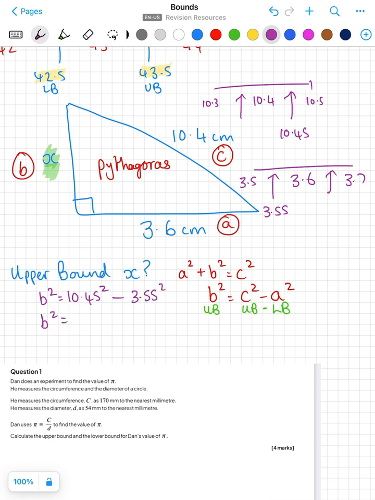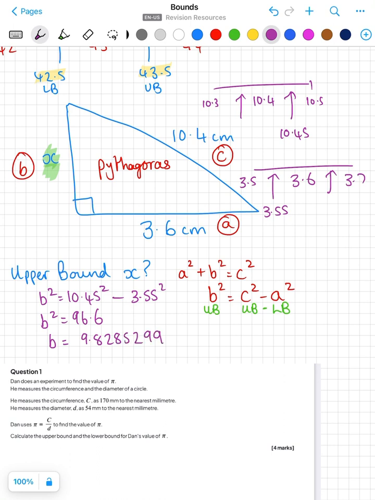Now we use our calculator, substitute in. 10.45 squared minus 3.55 squared. That gives us 96.6. Now we want to find the square root of that. 9.828529.